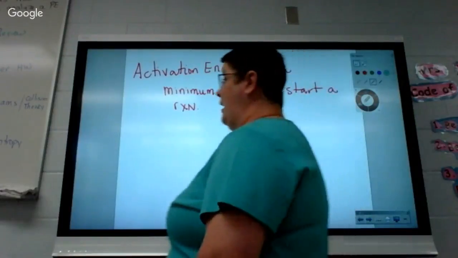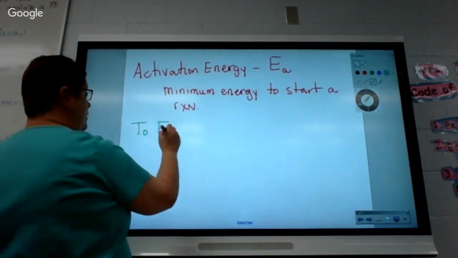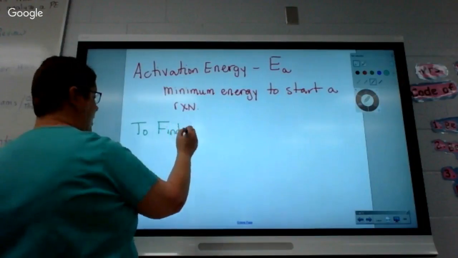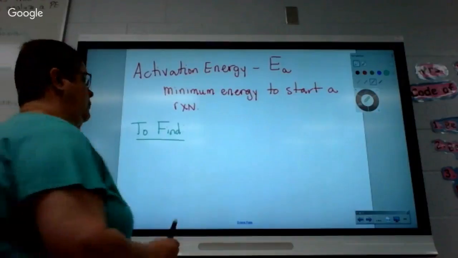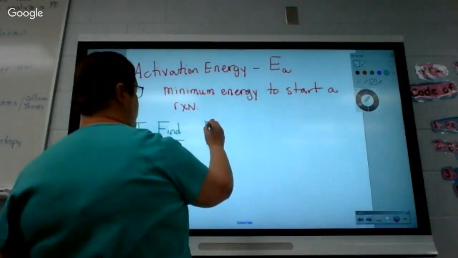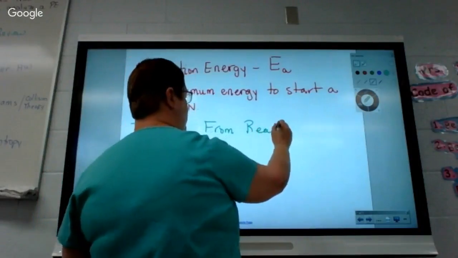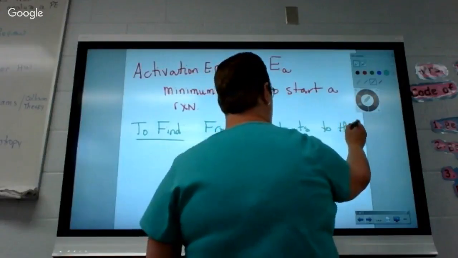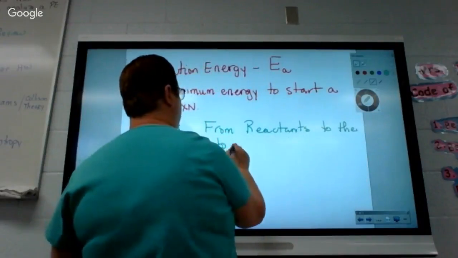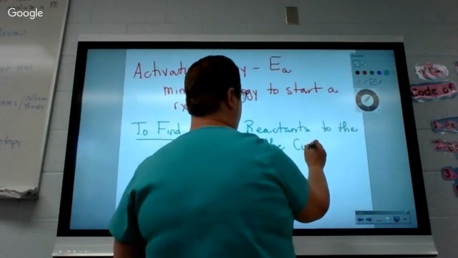Now, how are we going to find this? Now, the nice part is it is always found the exact same way. It is from the reactants to the top of the curve.